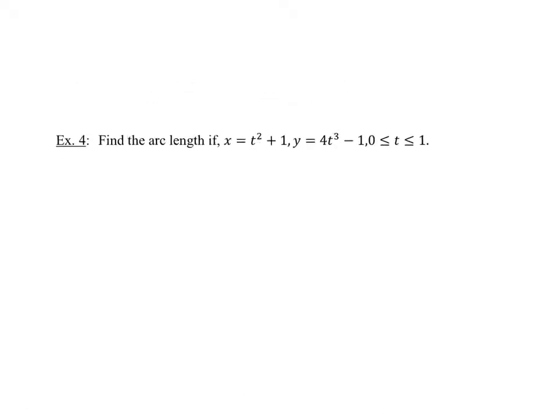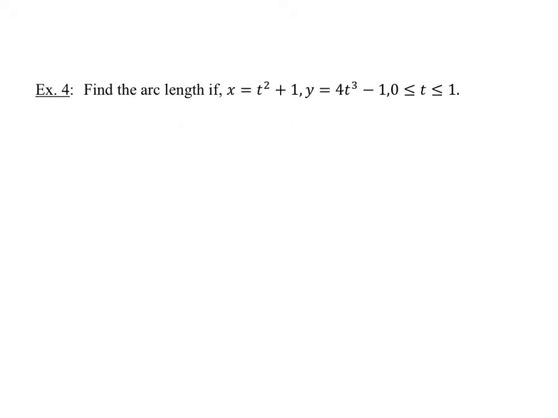So we're finding the arc length on the interval of 0 to 1. All right. Sometimes helpful to create the graph to get a sense of what you're up against. But when I say create the graph, I mean pop it in your calculator, take a look at the picture. All right. So I'm not talking about a scaled drawing. Regardless of what you do first, ultimately you're going to have to figure out dy dt.